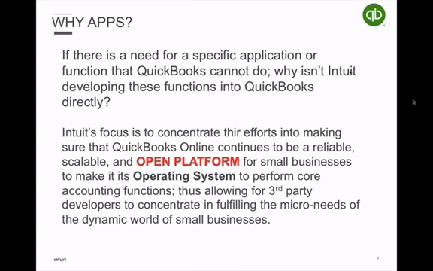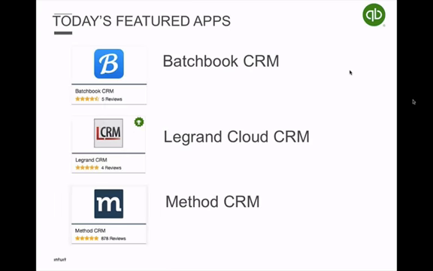We allow the genius of the collective intelligence of the entire world that wants to concentrate in fulfilling a micro need to a particular customer type, a particular industry, in this dynamic world of small business and obviously worldwide and all these different needs and all these different industries. It's going to be much better and much easier to allow QuickBooks to be its core accounting and allow the third-party program to develop these micro niche products.